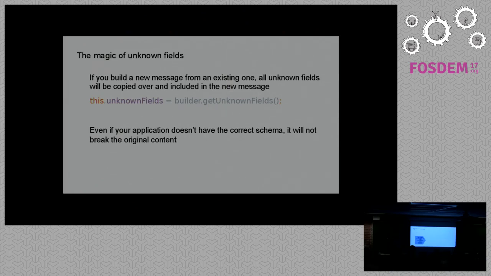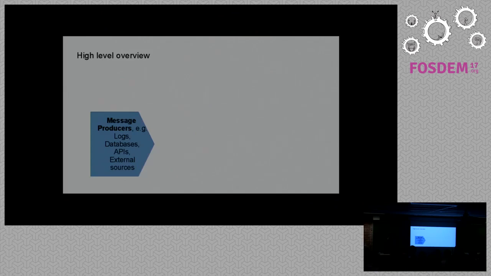So now how can you use those two components together for a stream processing architecture? Generally you still have all the usual message producers like logs, databases, APIs, external sources.